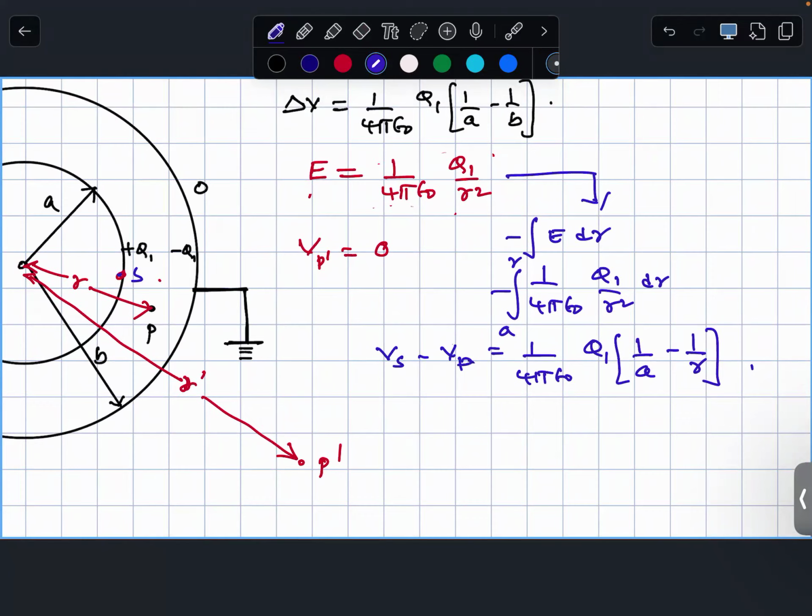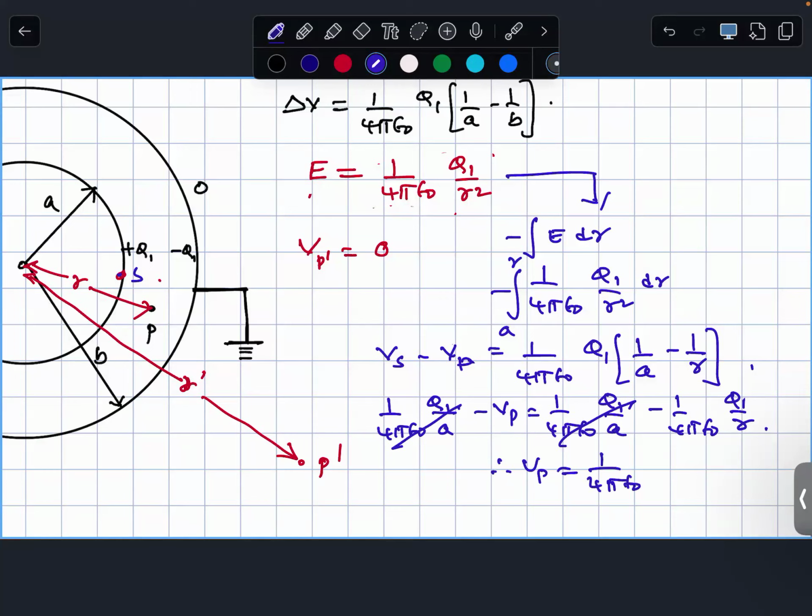Correct. Good. So Vs, what is the Vs minus Vp? Vs is 1 by 4 pi epsilon naught Q1 by A, minus V at P is 1 by 4 pi epsilon naught Q1 by A. So therefore potential at point P is 1 by 4 pi epsilon naught Q1 by R. Any doubts?